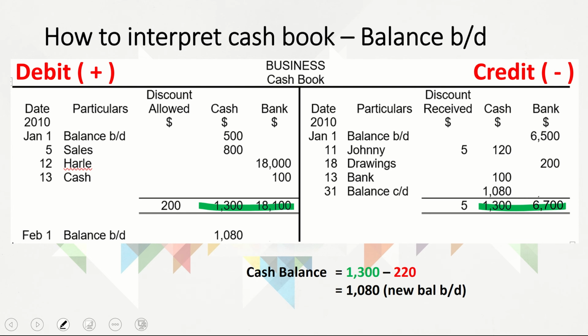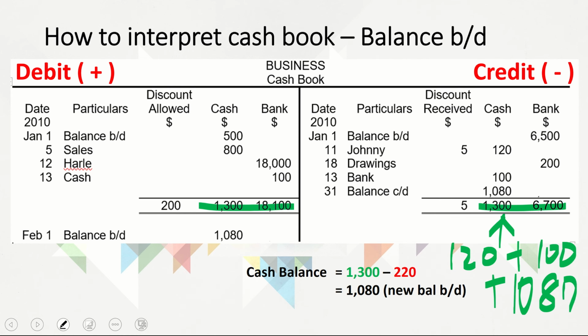So how do you get 1,300? You actually took 120 plus 100 plus another 1080, and you'll get 1,003. So this 1080 is actually your balance carried down. This is the amount of money that you have at the end of the month.